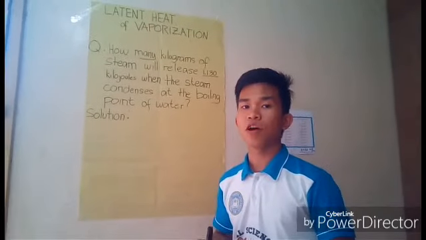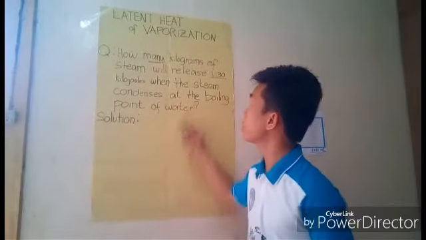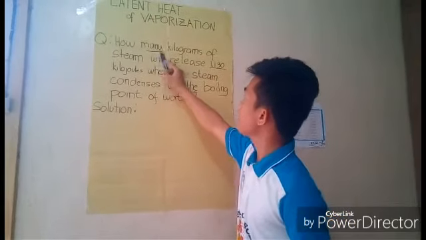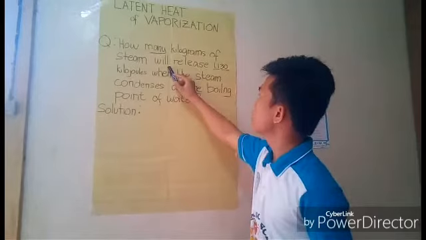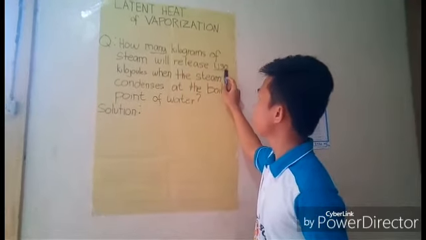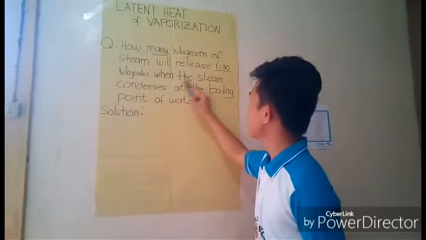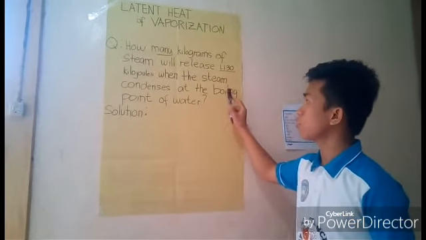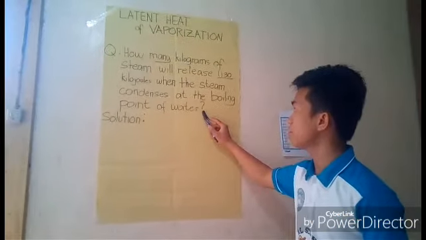This time, we are going to solve problems involving latent heat of vaporization. The question is, how many kilograms of steam will release 1,130 kilojoules when the steam condenses at the boiling point of water? Let us identify the given.